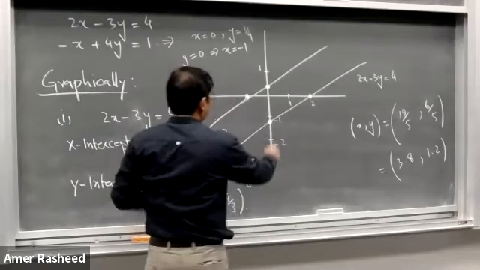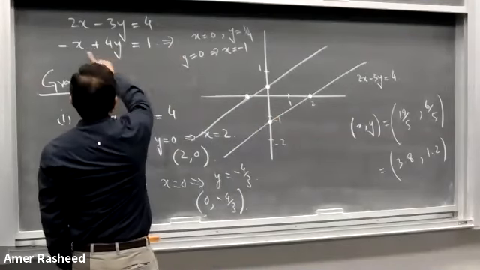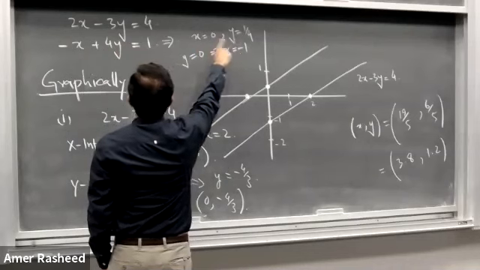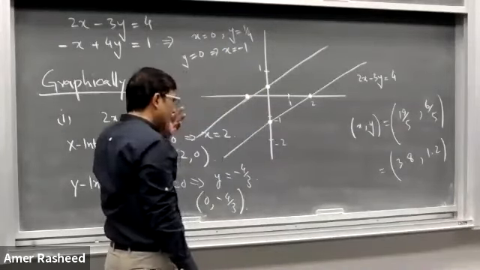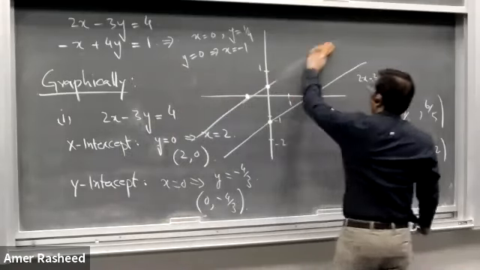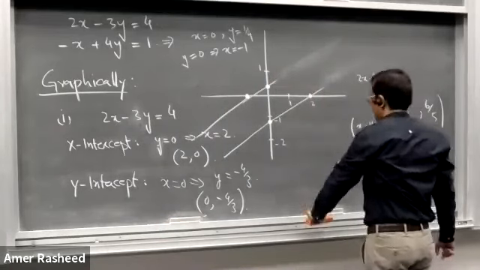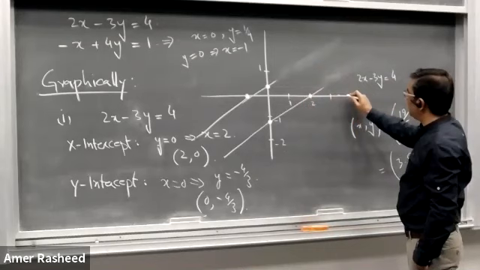So (0, -4/3). And for the other one, putting x=0 the value of y is 1/4, and putting y=0 the value of x is -1.